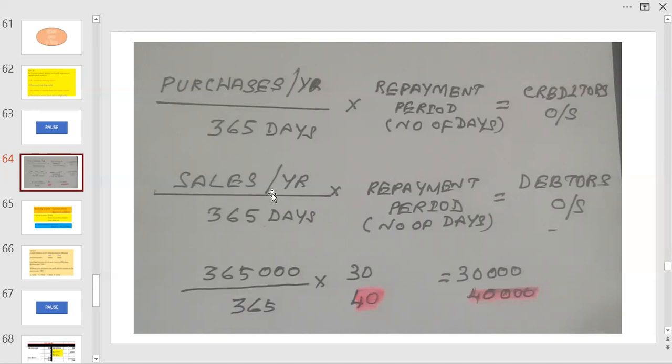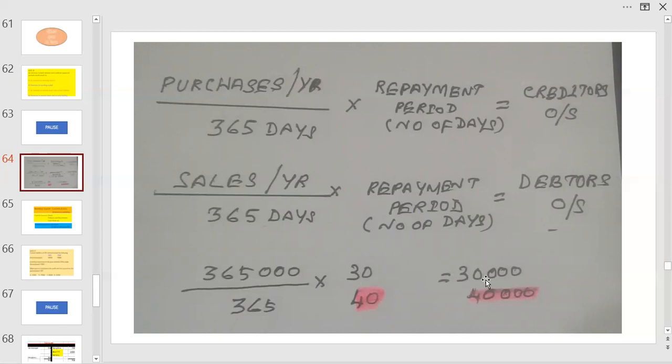Same way, sales for the year divided by 365 days multiplied by repayment period, number of days, will give you the debtors outstanding. Now in this question, we have given you a small example. Say either purchases or sales is 365,000. Then for the year, there are 365 days. If it is divided by that, say the outstanding represents 30 days.